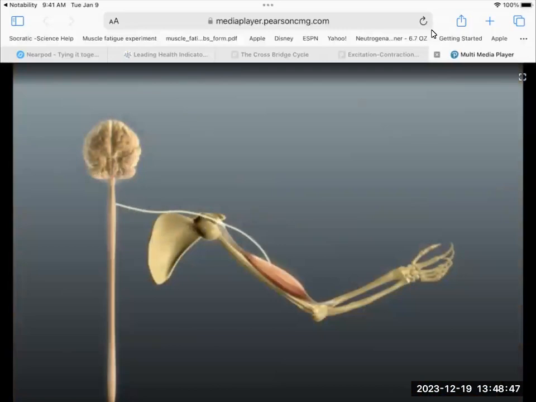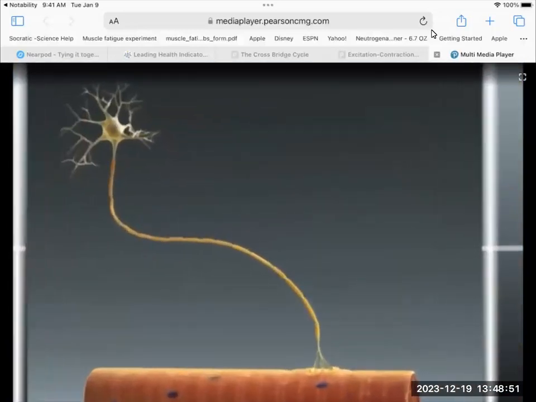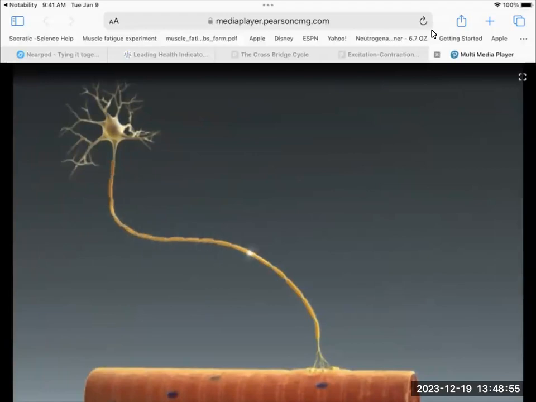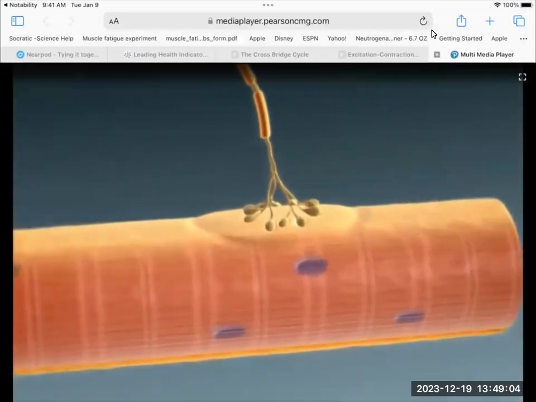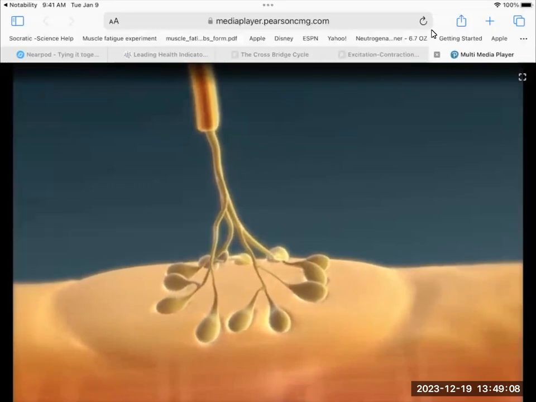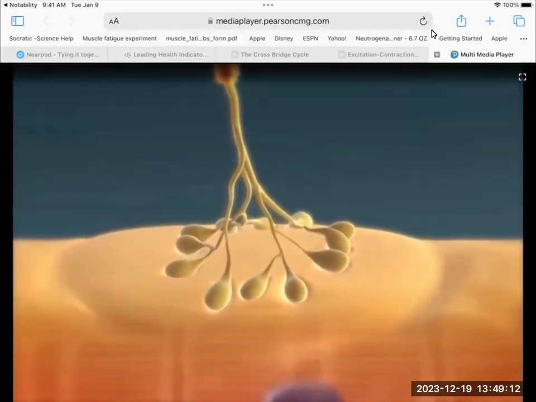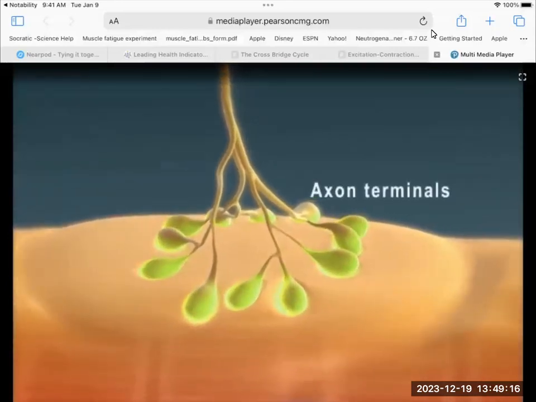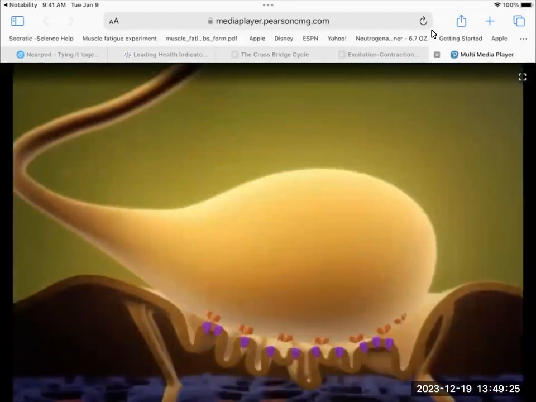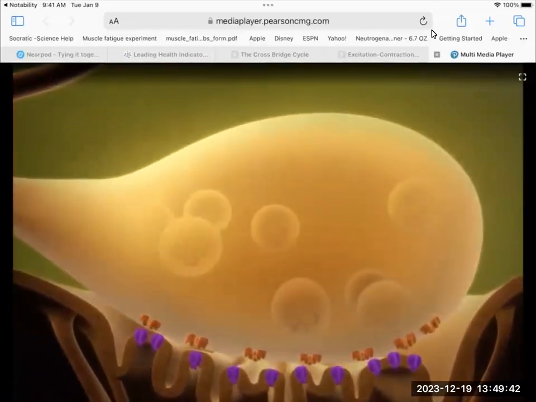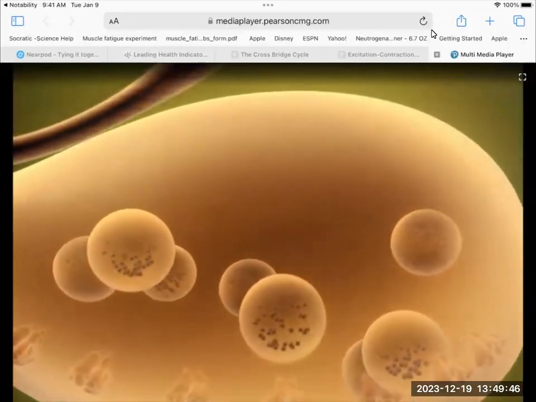Travel from the brain or spinal cord, trigger the contraction of skeletal muscles. Step 2.